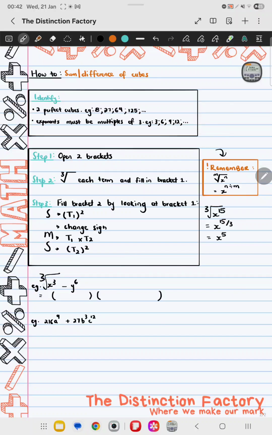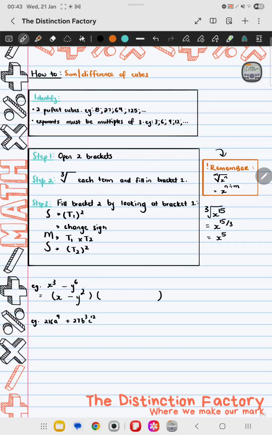So the cube root of x cubed becomes x to the power of 1 because we divide the exponent with the root. Then we're going to cube root our next term, which gives us y to the power of 6 divided by 3, which is 2. For this first bracket, your sign stays the same. It does not change. Then we can go on to filling in bracket 2 by looking solely at bracket 1.